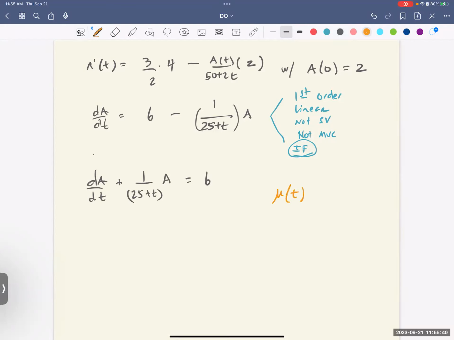Mu of t is e to the integral of the thing in front of the dependent variable. That's e to the natural log of 25 plus t. And we would get 25 plus t for our integrating factor.